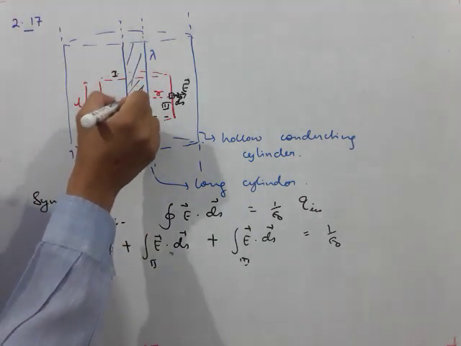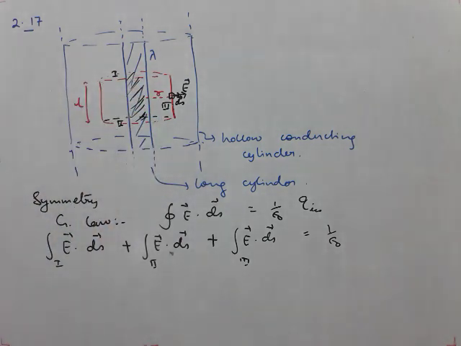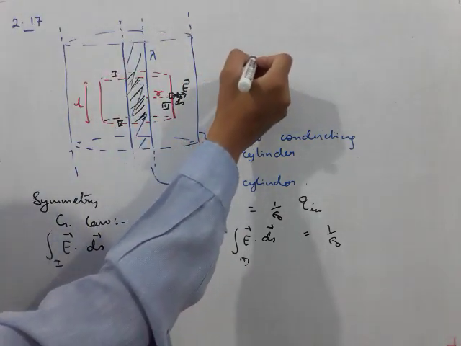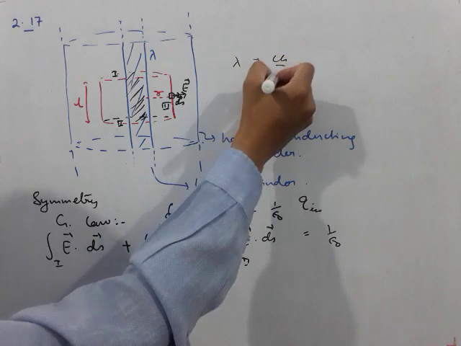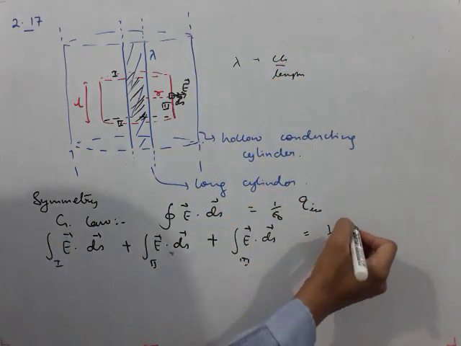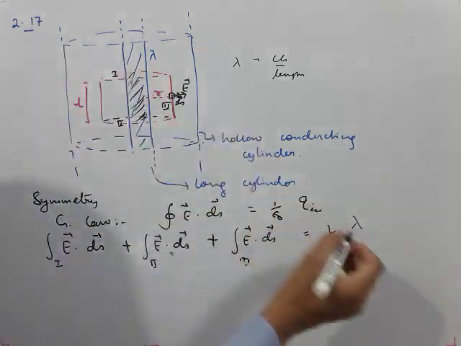So in this much portion, whatever charge is present, that is present inside the Gaussian surface. Now linear charge density lambda is given in the question. Lambda is charge per unit length, so charge will be lambda into length. So q in will be lambda times length of this part of the cylinder, that is small l.